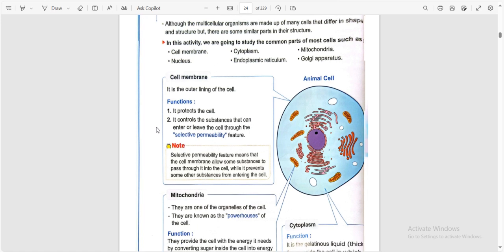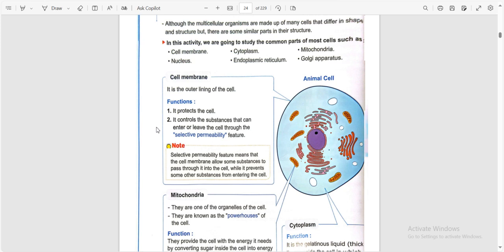First, it protects the cell like any other outer part. And it controls the substances that can enter or leave the cell through something called selective permeability. So the cell membrane allows other substances to come and go out of the cell, such as water and nutrients.